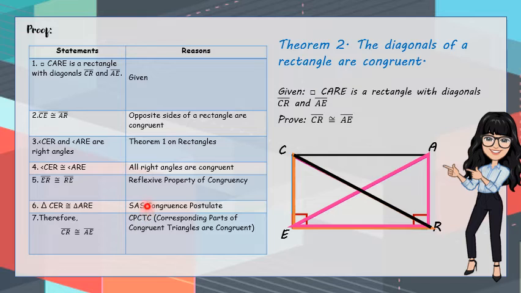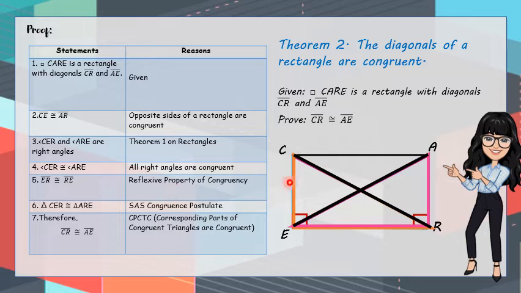Side, angle, side. So if we can prove that the 2 corresponding sides of our triangles are congruent and 1 pair of corresponding angles, which is the included angles of our triangles, are also congruent, then we can say that the 2 triangles are congruent.